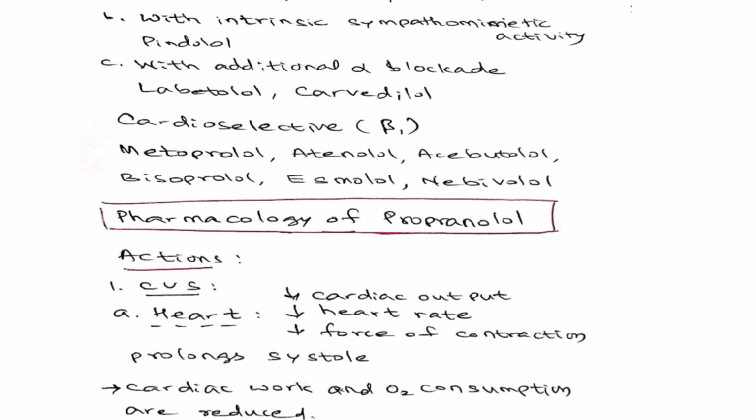On continued usage of these beta blockers, they tend to increase the total peripheral resistance and the cardiac output is reduced.